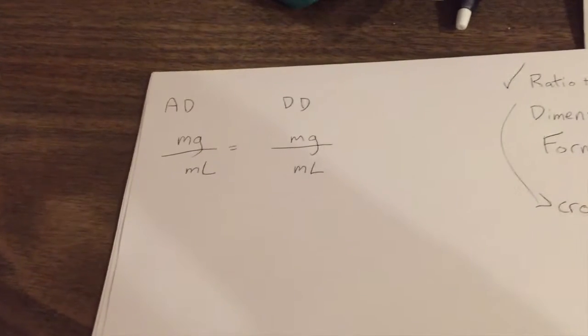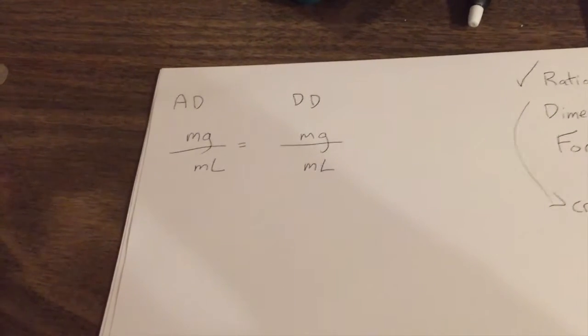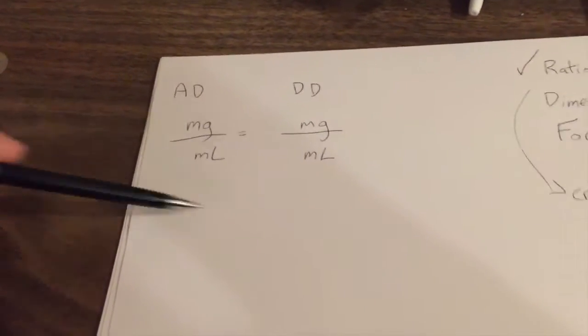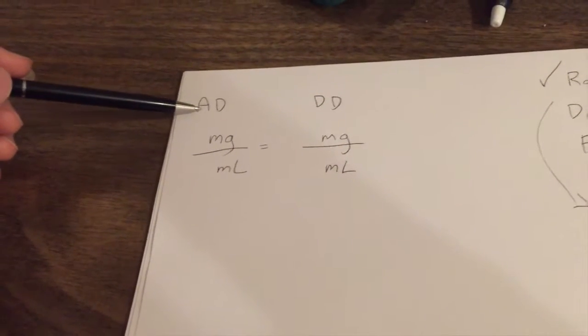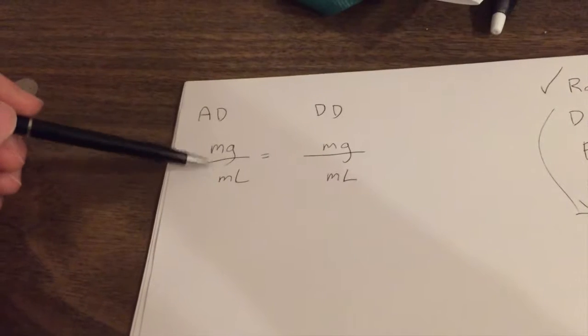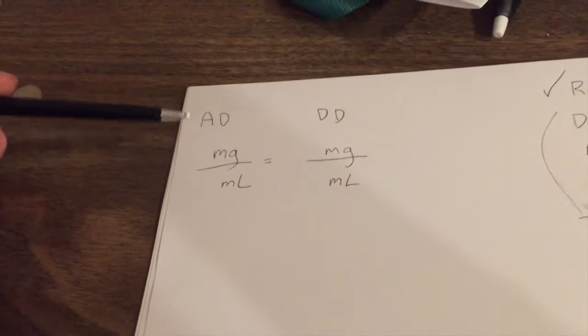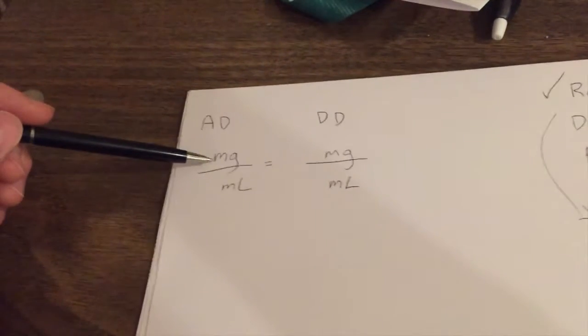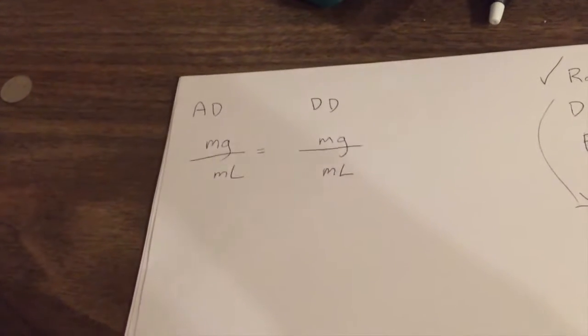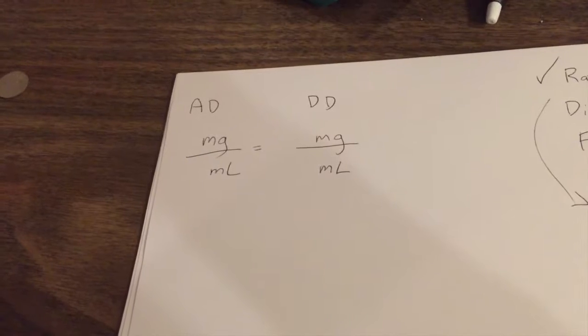So every time you are doing your calculation, you write out this little equation. So this is the available dose, what it says on the vial or the ampule. So it'll say it has a certain number of milligrams of medication in 1 milliliter of fluid. So that's the available dose.